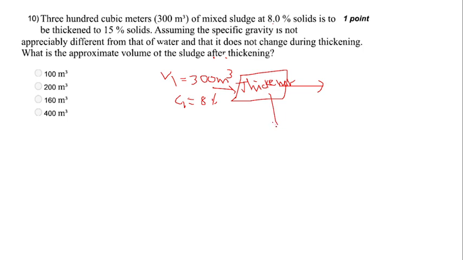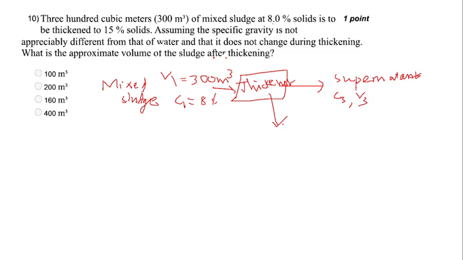Now two streams are leaving. The mixed sludge is passed into the thickening tank. Two streams are leaving the thickener. One is the supernatant, where the concentration of the solid is taken as C3 and the volume is taken as V3.